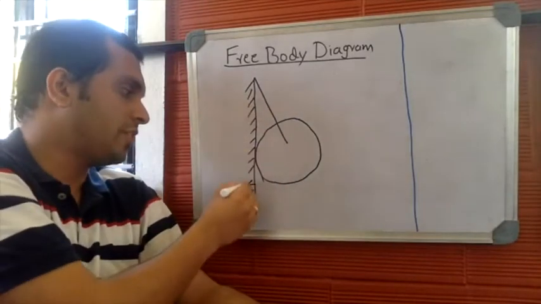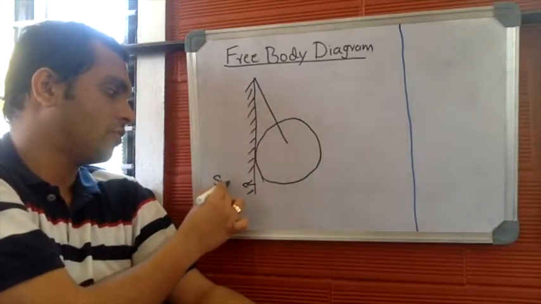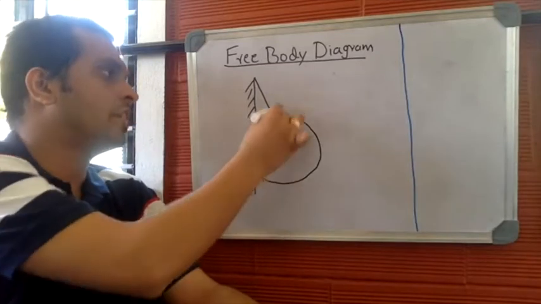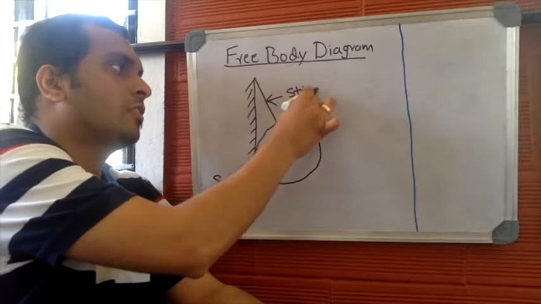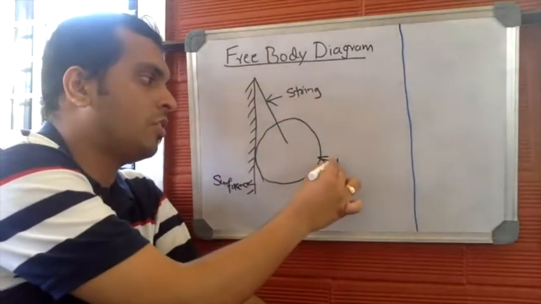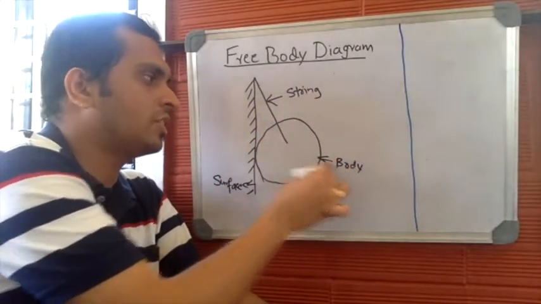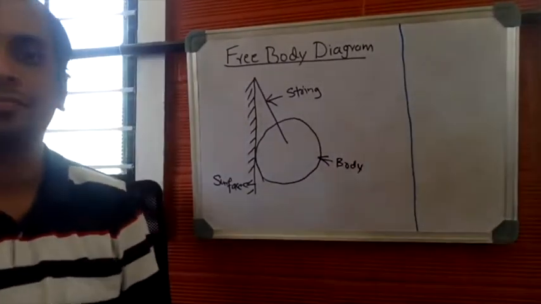So this is the surface, this is the string, and this is the object or body, which is circular here in this particular example.